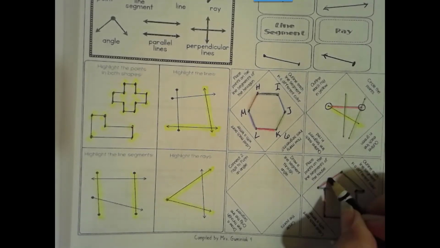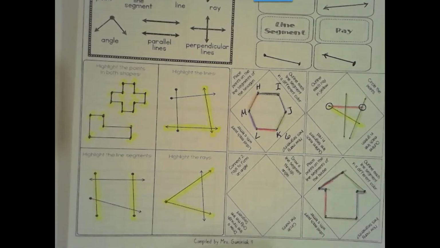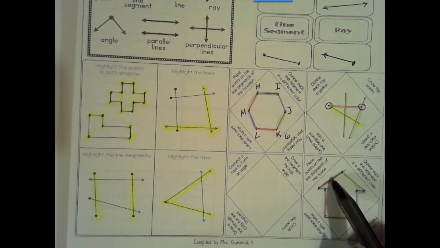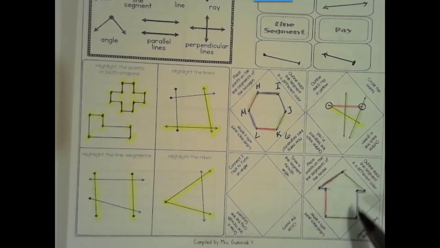Same, so I'm going to use a different one. Alright, so you outline each of the line segments. How many line segments? 1, 2, 3, 4, 5, 6, 7. There are a total of 7 line segments.